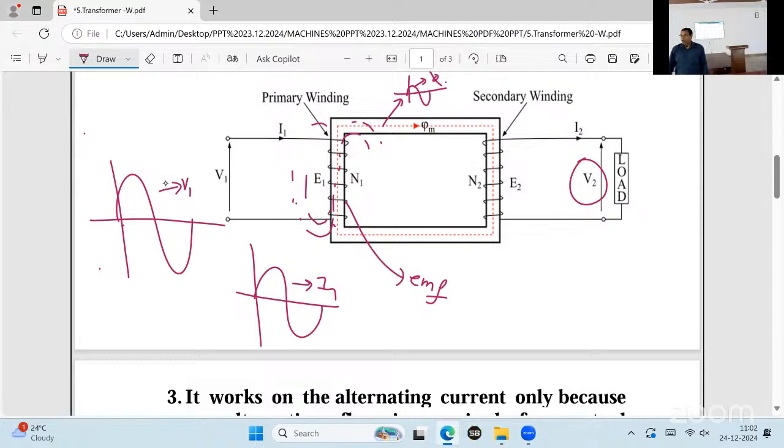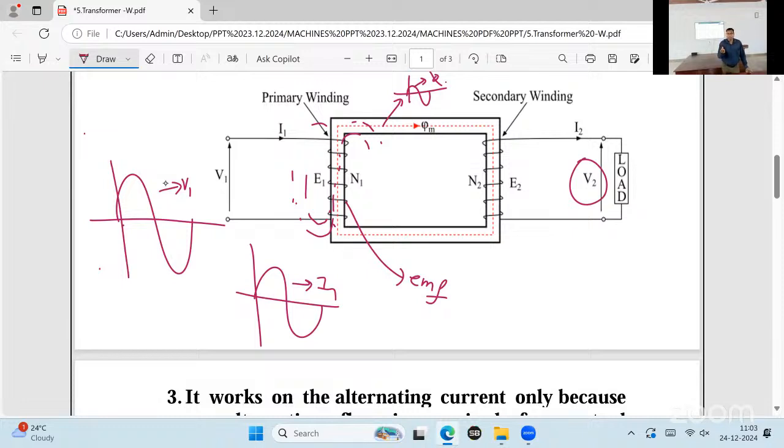How did you get E1? Faraday's first law. What is the first law? Whenever a change in flux links with coil 1, EMF is induced in coil 1. Coil 1 means primary winding. What is E1 called?